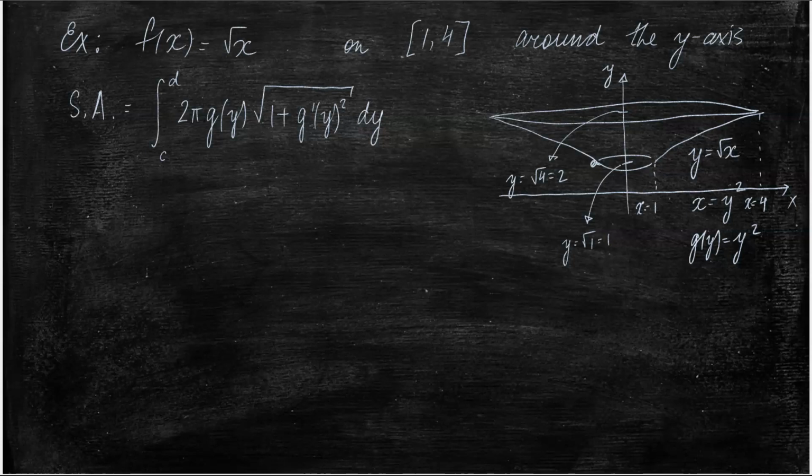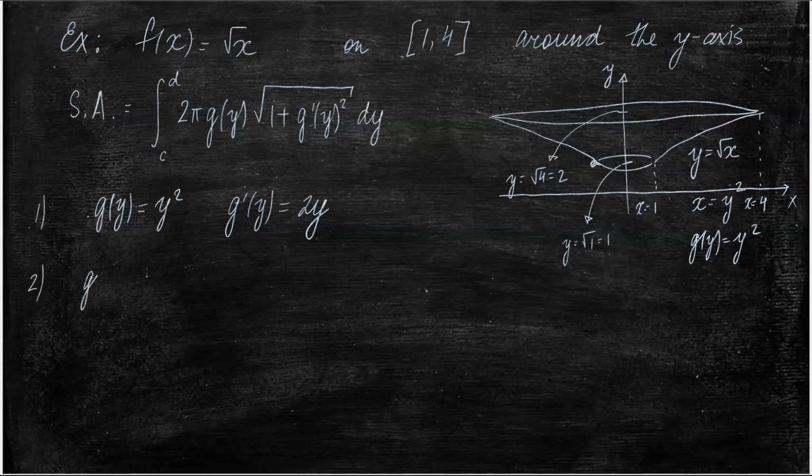So we're going to find the derivative of g first. Well, first we're going to clearly identify g. Then we're going to find its derivative. And then we're going to try and simplify this expression.